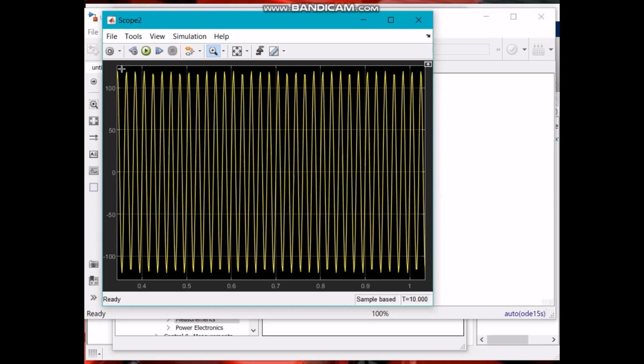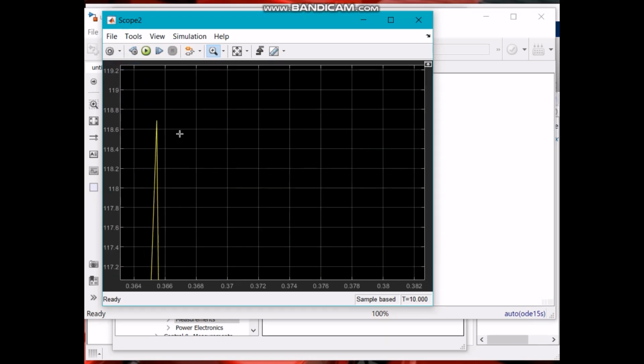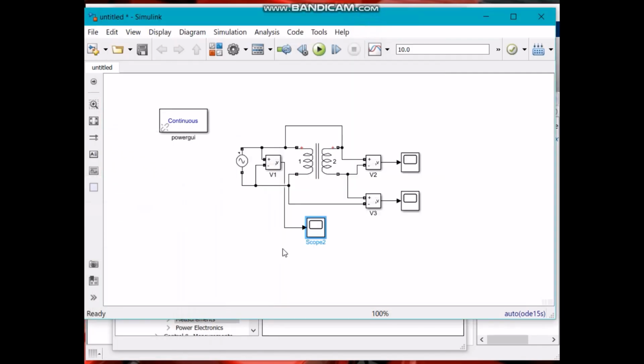Okay, so this is basically around 118, 119. Close to 119. Okay, so this is peak voltage, not RMS again.